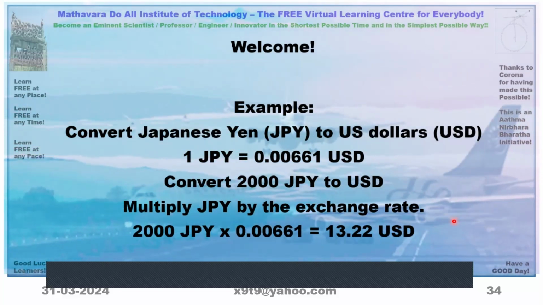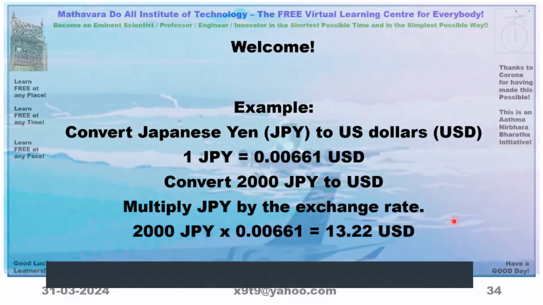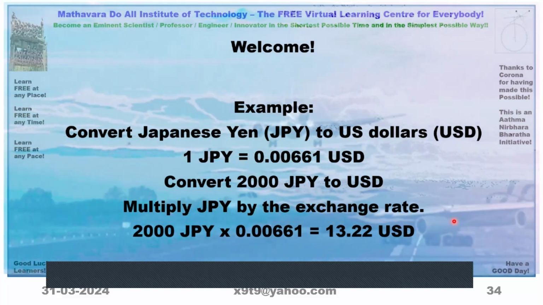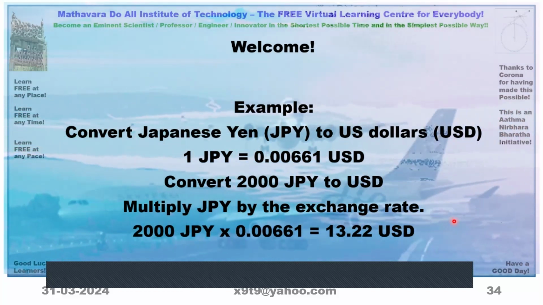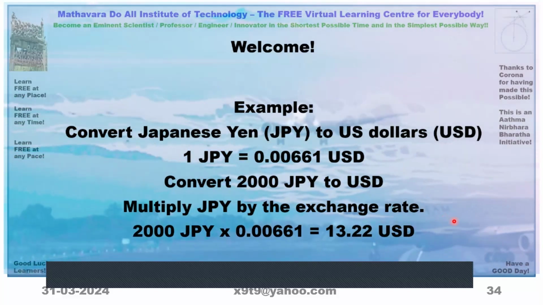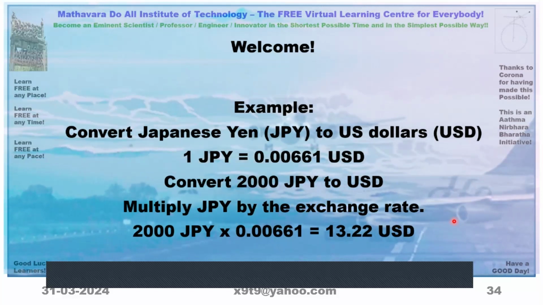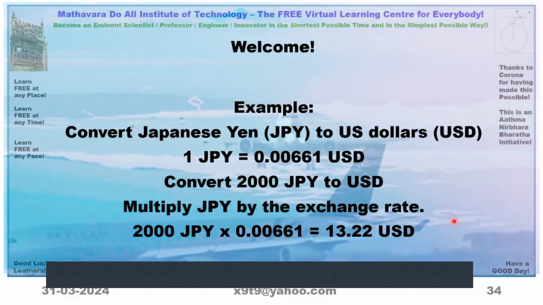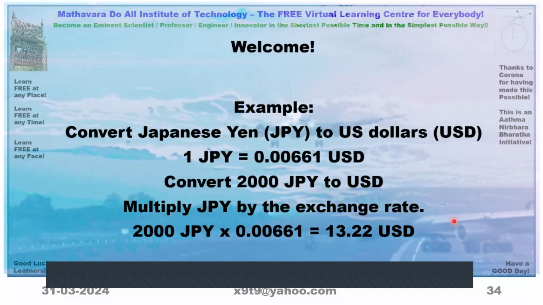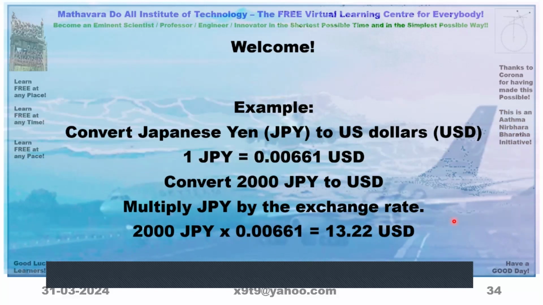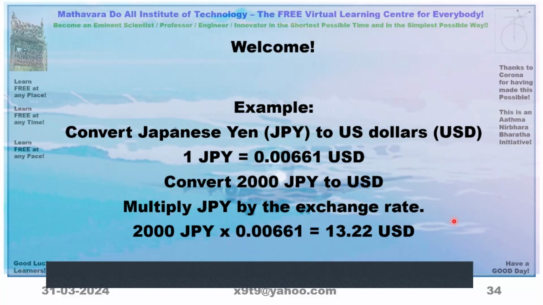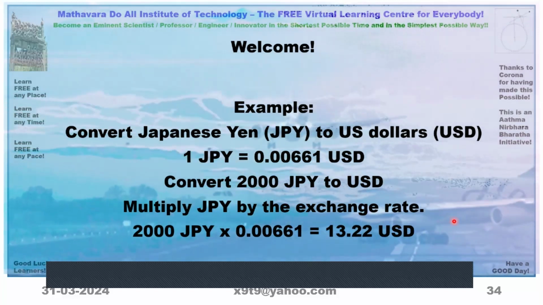Now convert Japanese yen to US dollar if one Japanese yen is equal to 0.00661 US dollar. This is the exchange rate. So convert say 2000 Japanese yen to USD. So we have to multiply the 2000 Japanese yen by the exchange rate of 0.00661, which gives 13.22 US dollars.